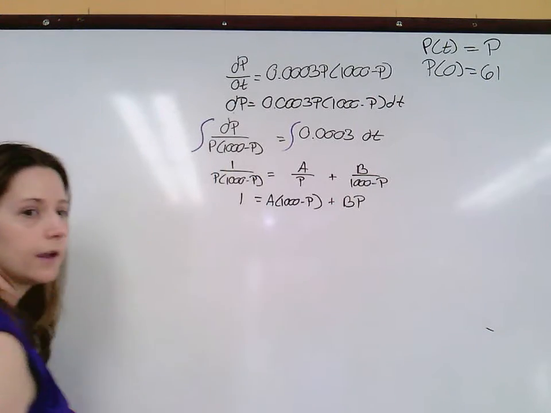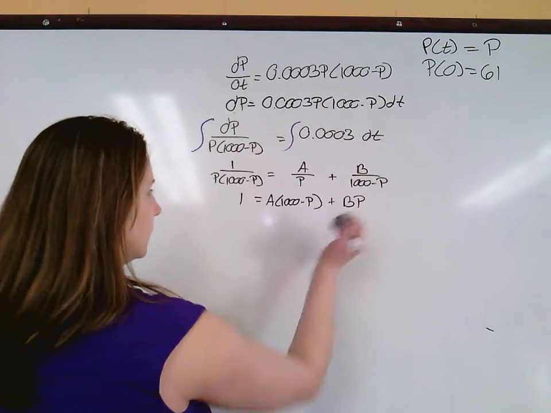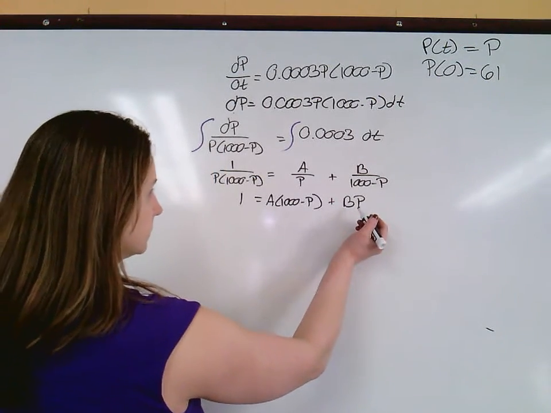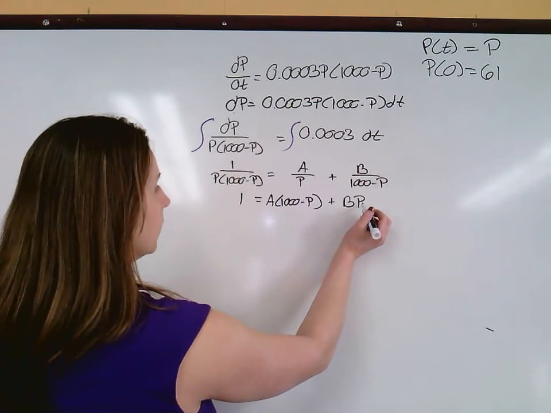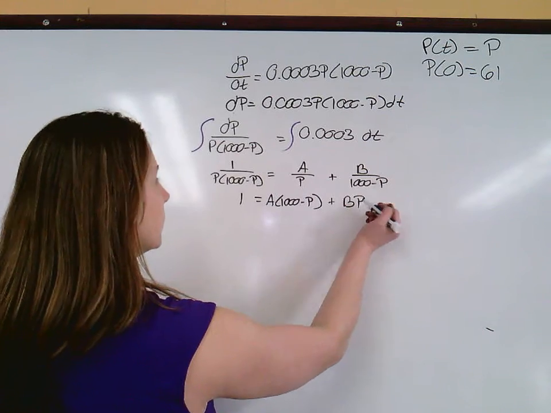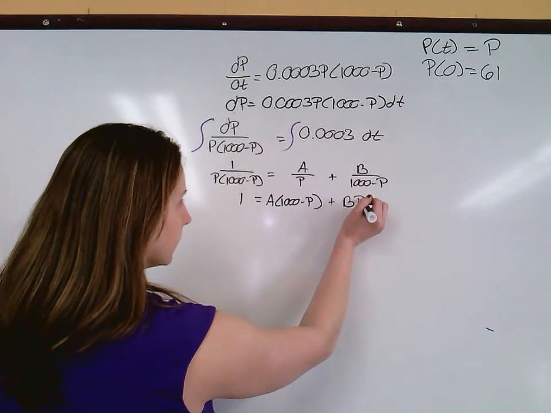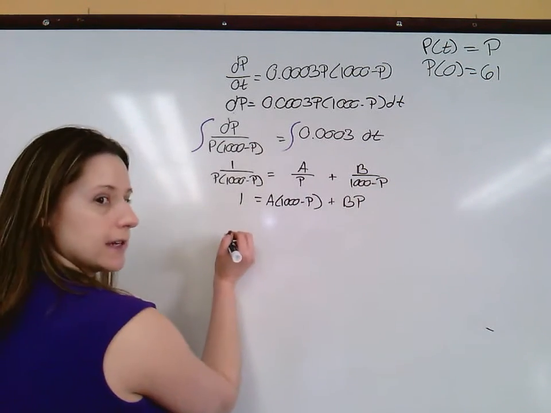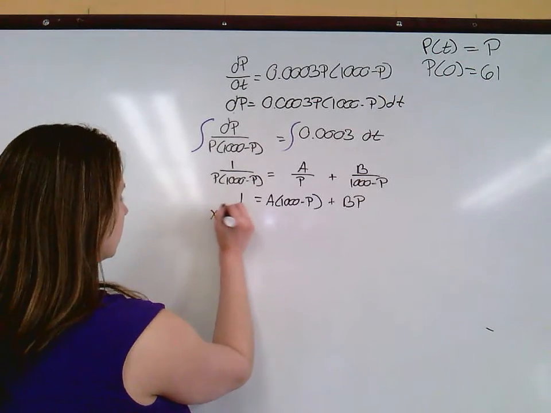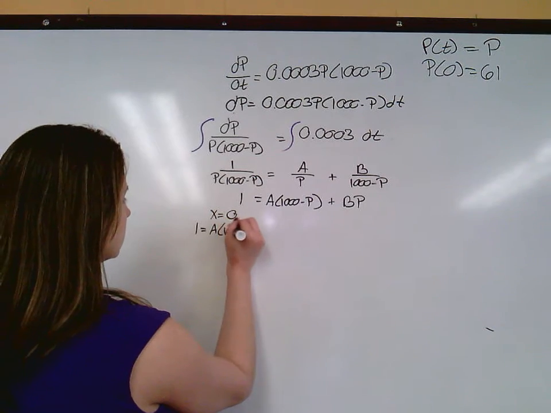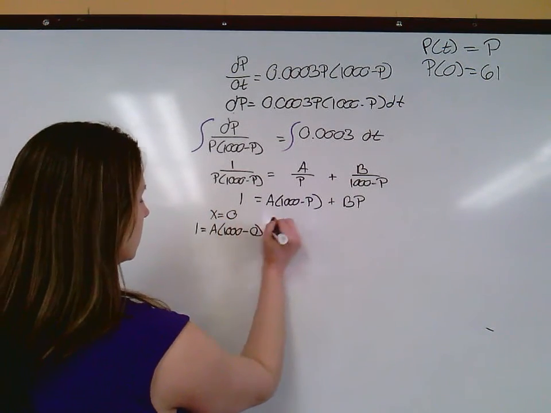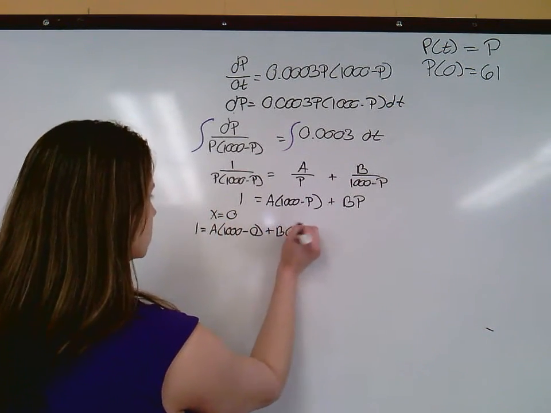Okay, to find A, P is the variable we're trying to cancel out, so P needs to be 0. So I'm going to do P equals 0 to find A. So I'm going to do 1 equals A times 1,000 minus 0 plus B times 0. Super, that's gone. I don't even care about that.